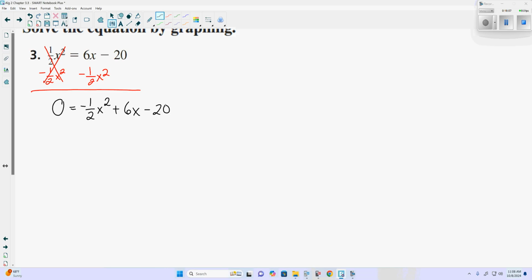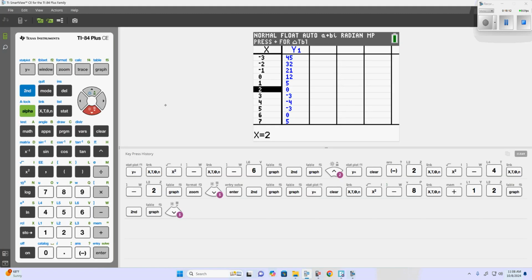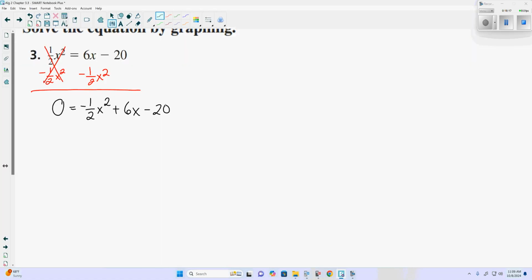So the TI 84 Plus will let us do fractions. Alpha y equals enter. Now the TI 83s, the one main difference is it won't do fractions. Yep, so yes.